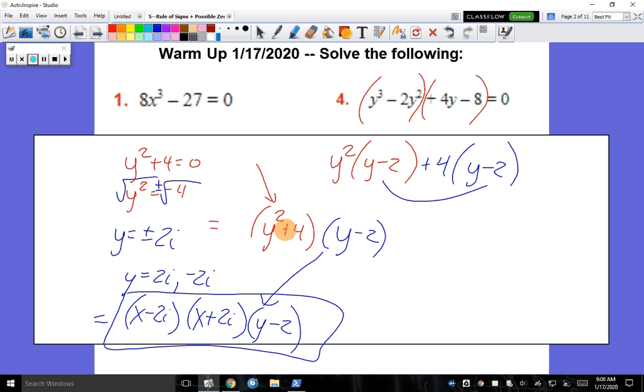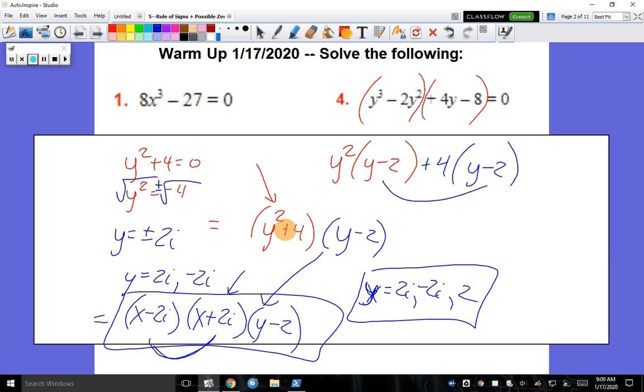Notice that I have these imaginary roots and factors always occurring in pairs. Okay? So my answers would be y equals 2i. This one is negative 2i. And yes, you could do plus or minus all as one. And then 2. Not x, but y equals that.